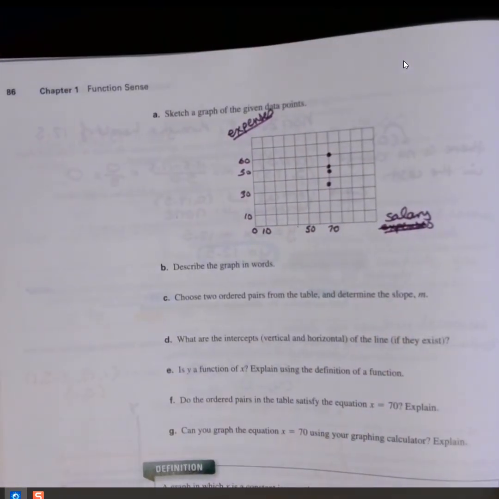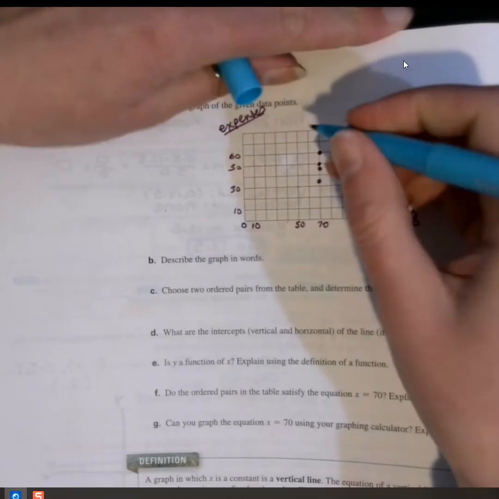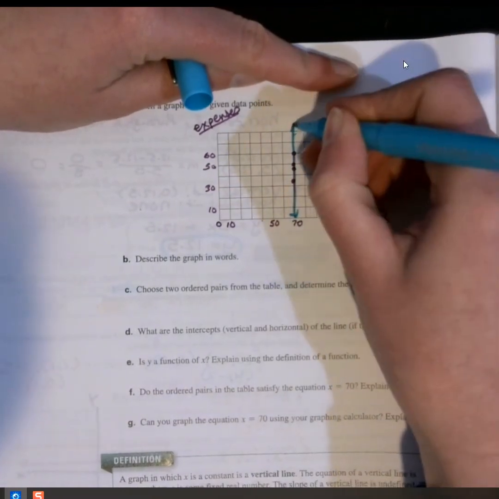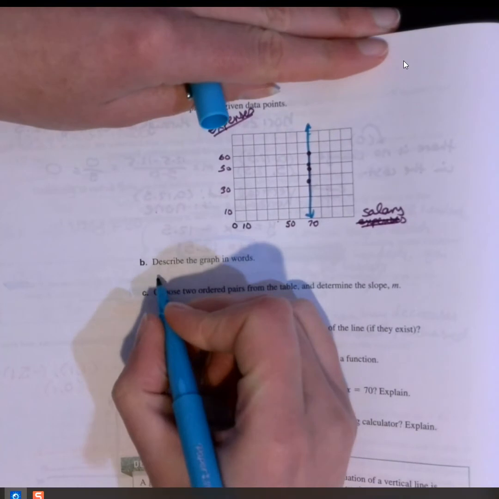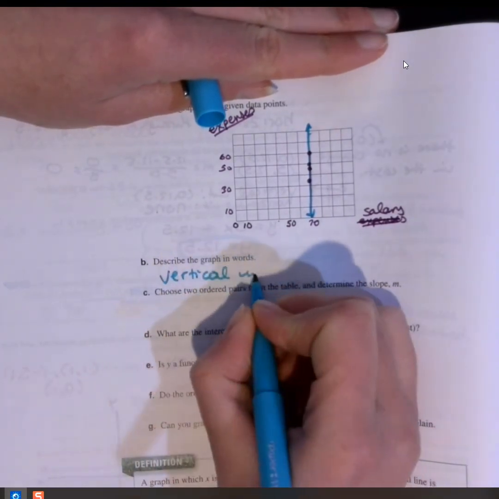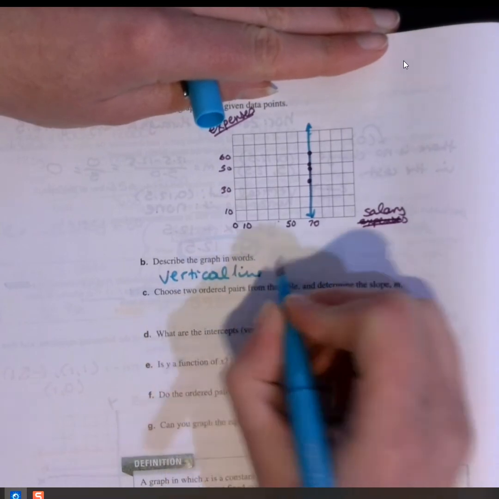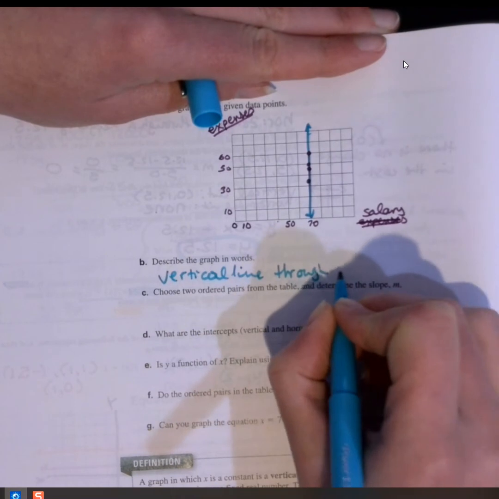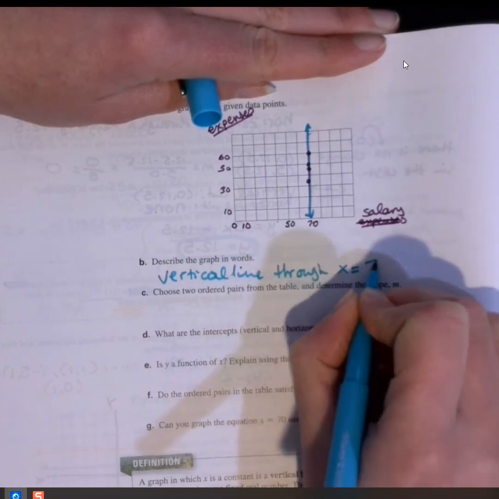If I connect these, you can see that this forms a vertical line. So we can say that our graph is a vertical line through x equals 70.